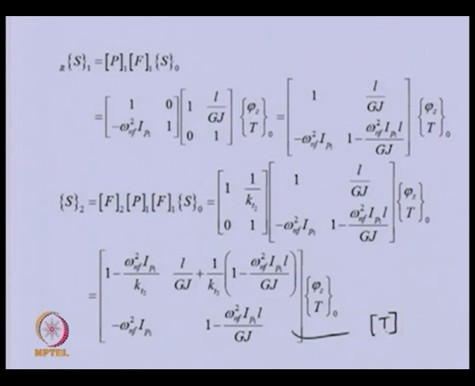But in this particular case, the boundary conditions are different. Now it is a fixed case. As we equated T1 equal to 0 for the free case, this will not be the case now. We have obtained the overall transfer matrix for this problem, and now, because the boundary condition is different, we will see what the frequency equation will be.